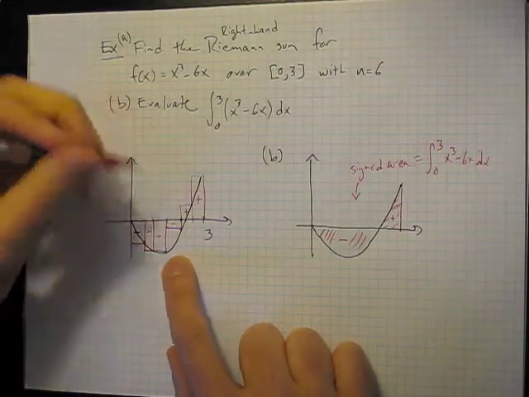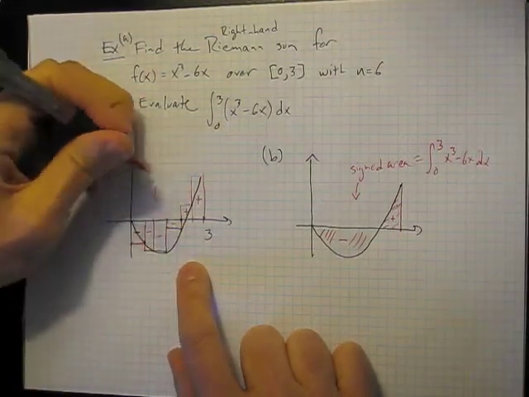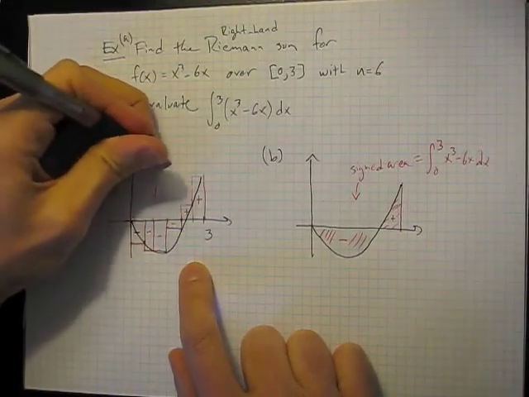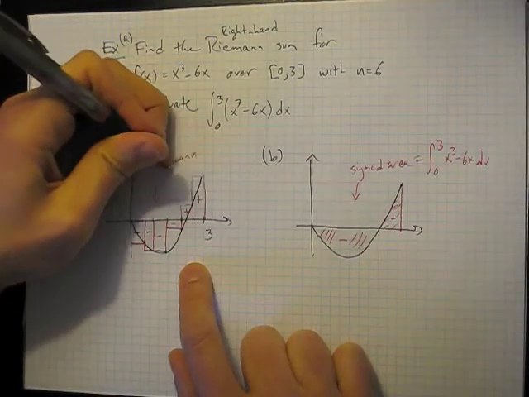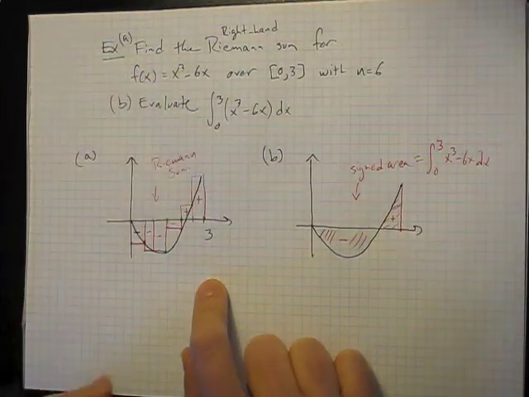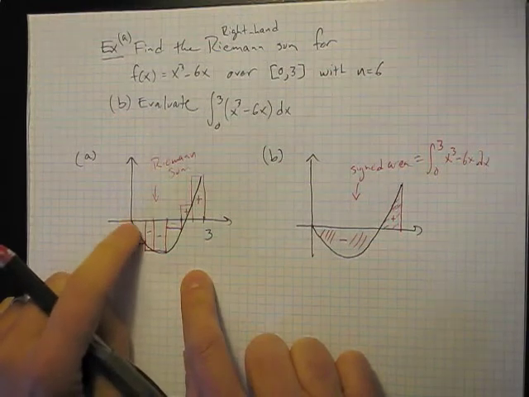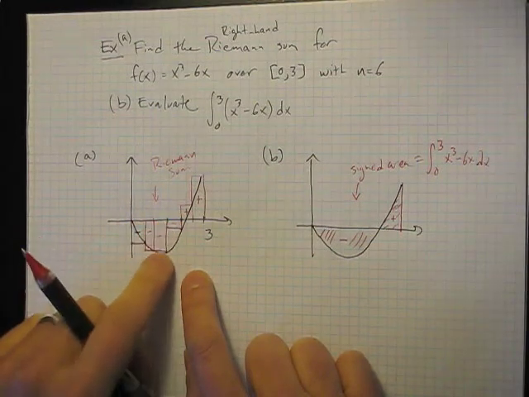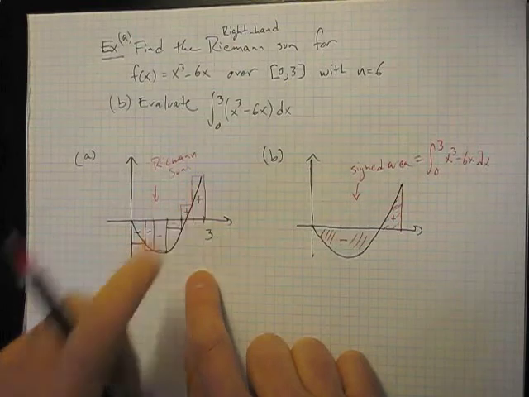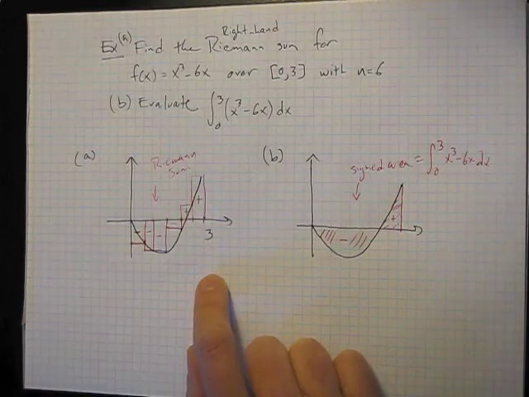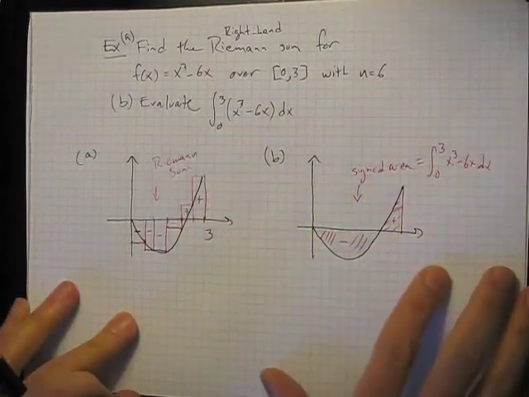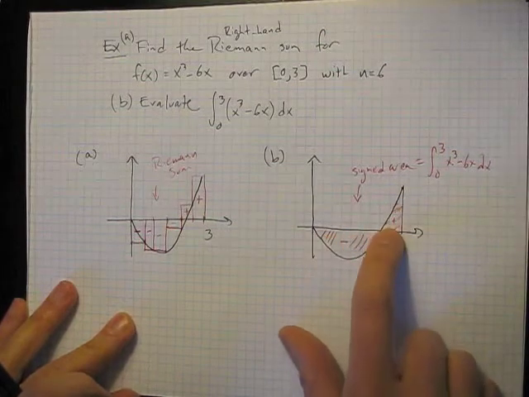So the sum of this area will be the Riemann sum from part A. So we'll count these 4 rectangular areas negatively, these 2 positively, and then the actual definite integral will be the exact signed area.